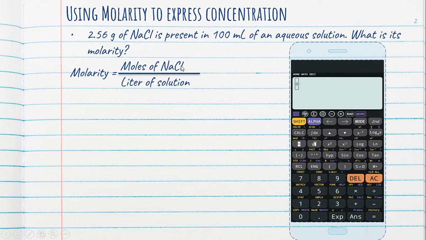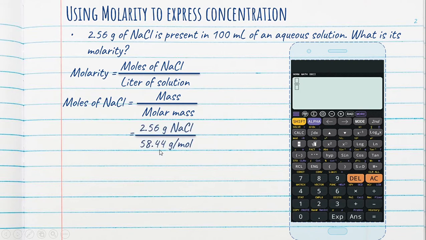So we do not have moles of the sodium chloride in this problem, so we will first find the moles. To find the moles of sodium chloride, the formula is mass over molar mass. The mass of sodium chloride is 2.56 grams, and the molar mass of sodium chloride is 58.44 grams per mole.